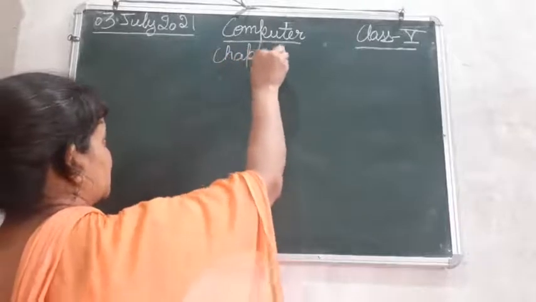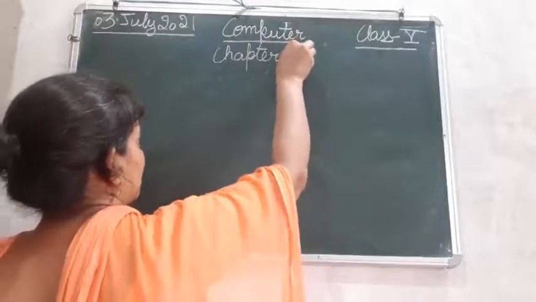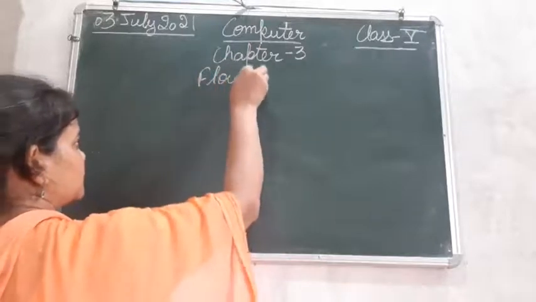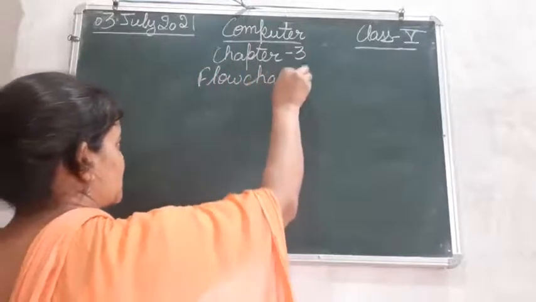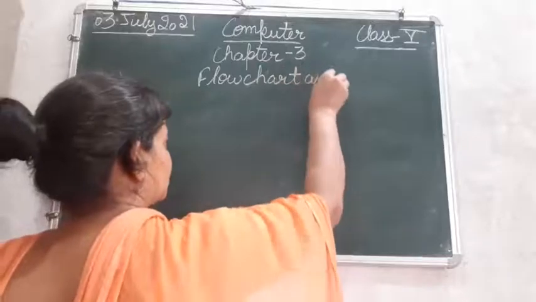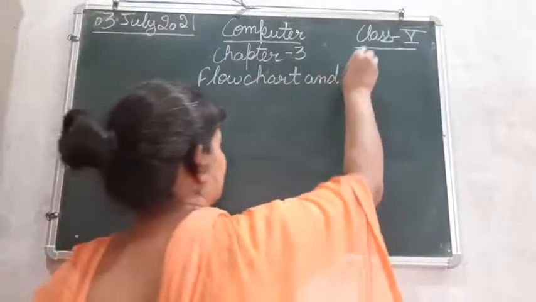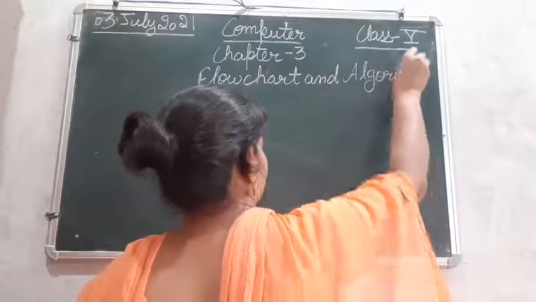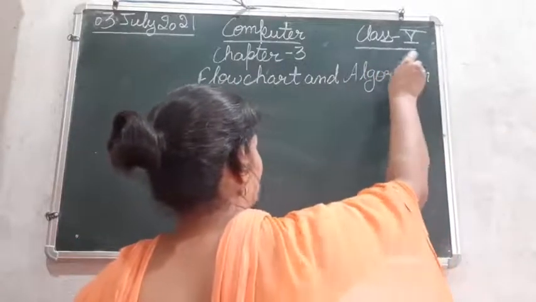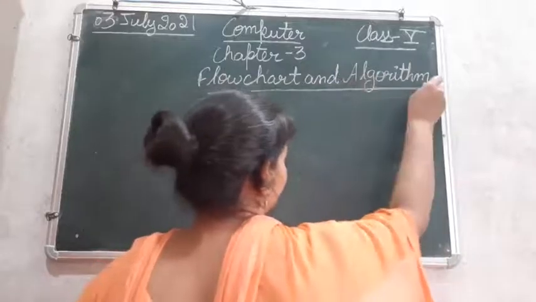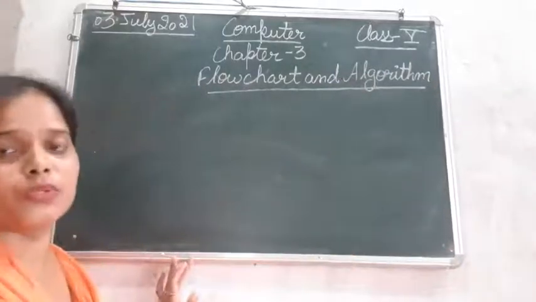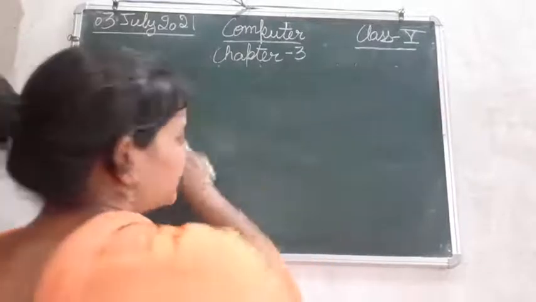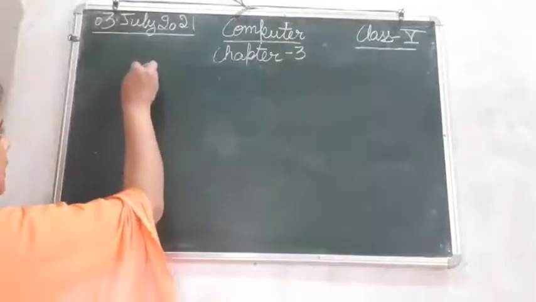First of all, I'll write down the topic here: chapter number 3, and the topic is flowchart and algorithm. Okay, the topic is flowchart and algorithm.